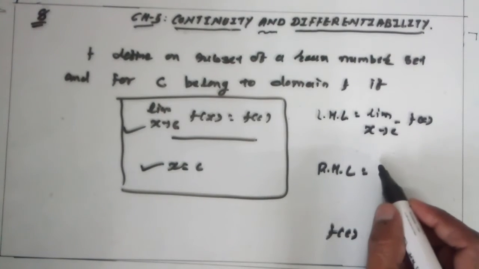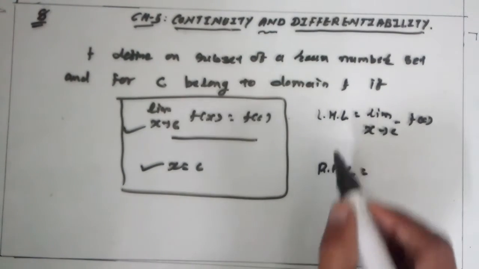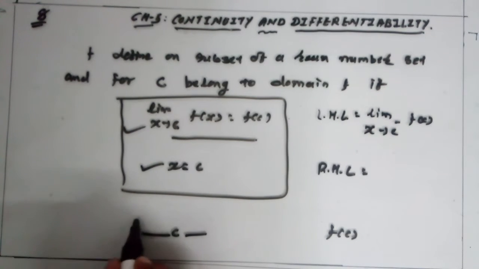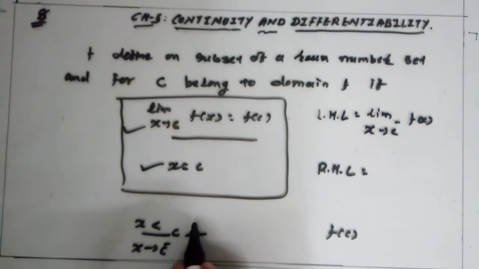For the right hand limit, a value of x greater than c, then x tends to c positive.